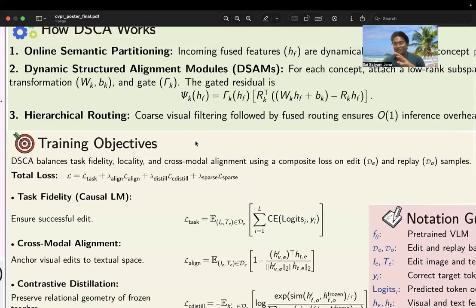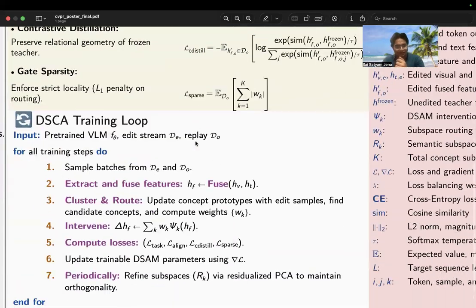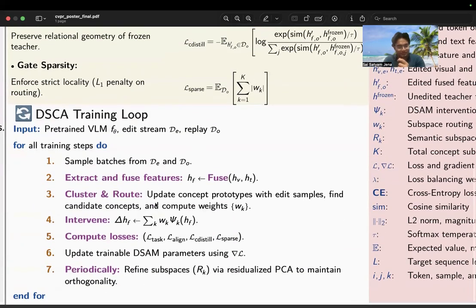So the meat of the thing is, for one edit we propose different residual edits across the internal fused representations, which are modulated by some gating parameter lambda k. And if you look into this, this delta HF is a summation where WK is a weighing parameter. Even after modulating, each concept as a whole should not be given equal weight.